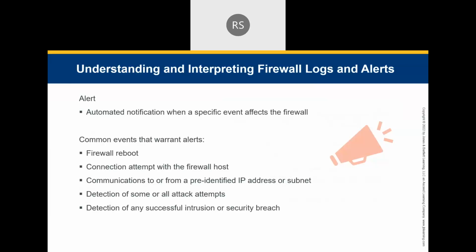You also can be alerted on detecting some or all types of attack attempts. You also have immediate alerts when a security breach or successful intrusion has been detected. So these firewall alerts, they're proactive measures. And what they do is ensure timely awareness of critical events and enable swift responses to those potential security threats.